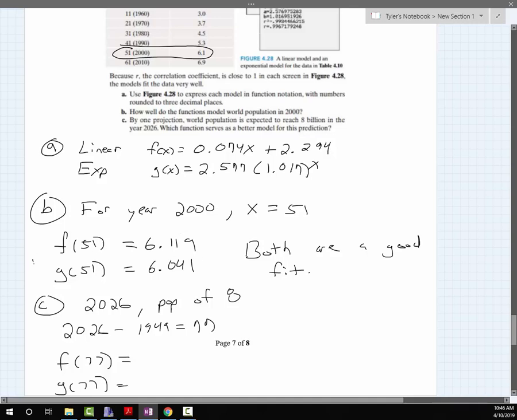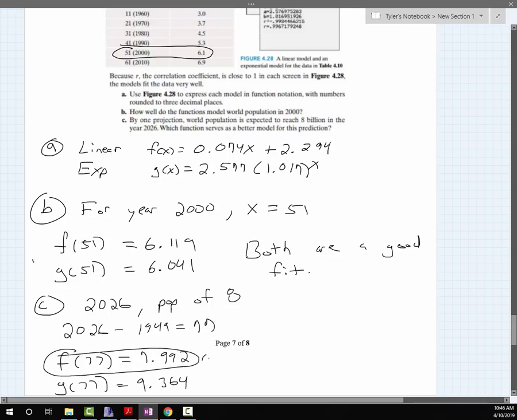So f of 77 would give you 7.992, and g of 77 gives you roughly 9.364. So this one is closer.